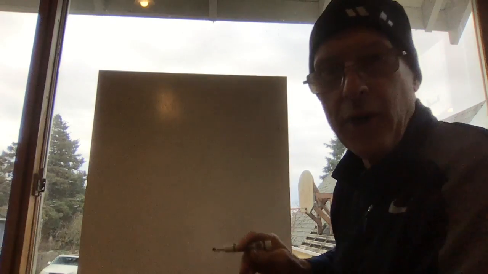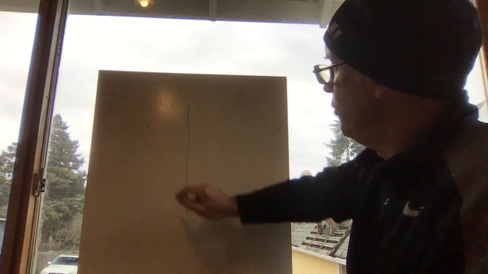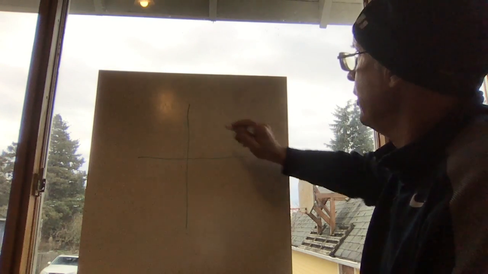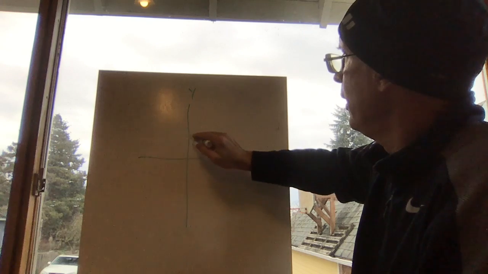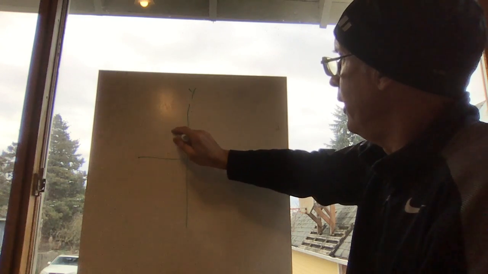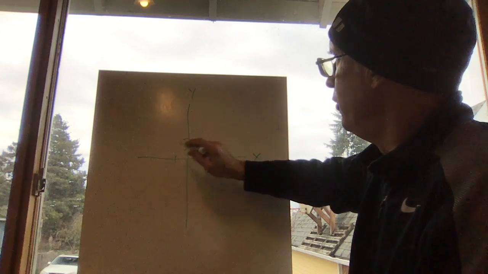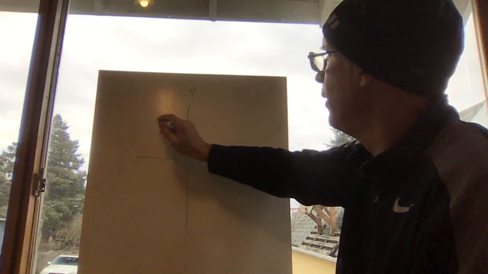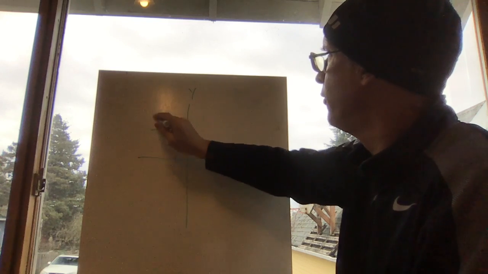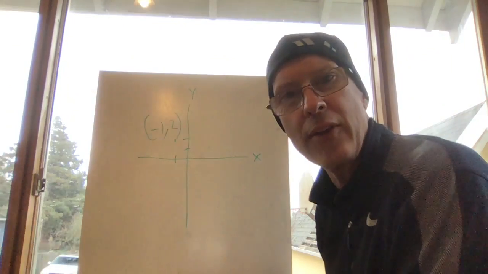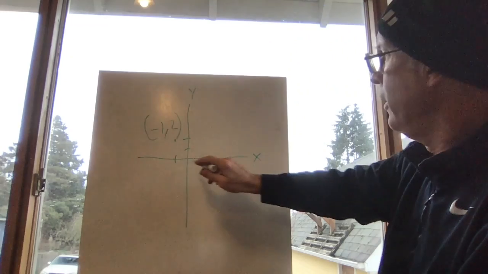Okay, let's talk about a coordinate plane for a second. Two dimensions. We have an x and we've got a y. Pick, I don't know, any number. Let's go -1, up 2. Right there, -1, 2. I'm trying to draw these a little bit bigger so you can see them.